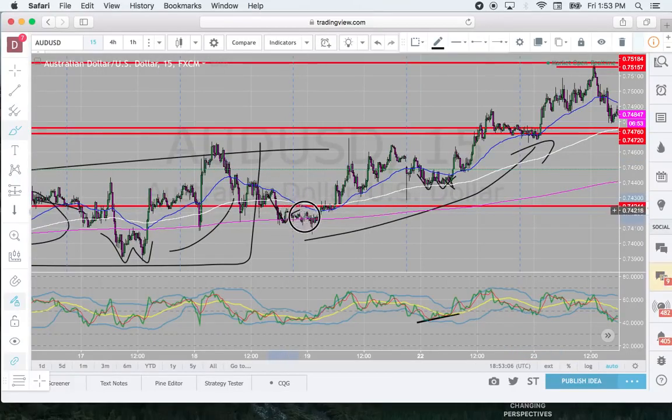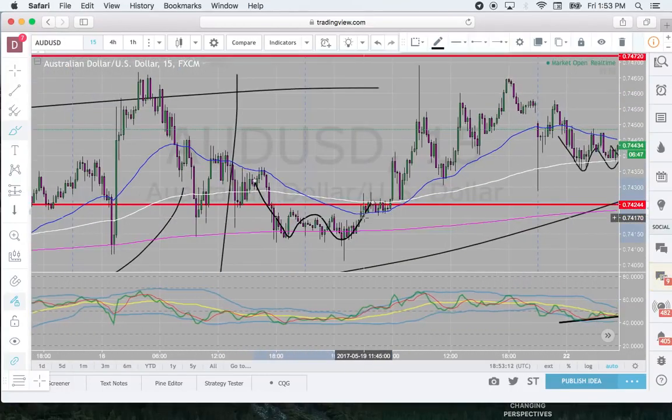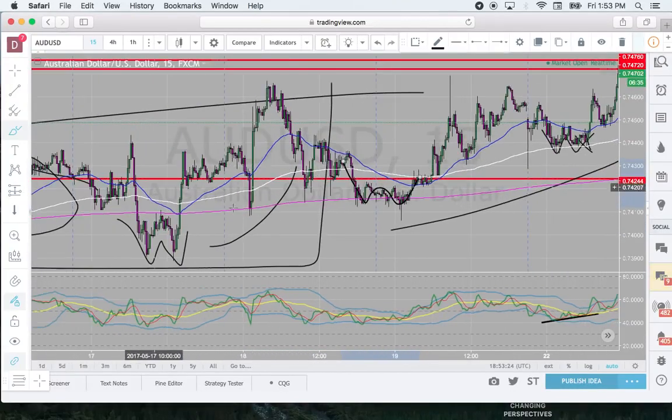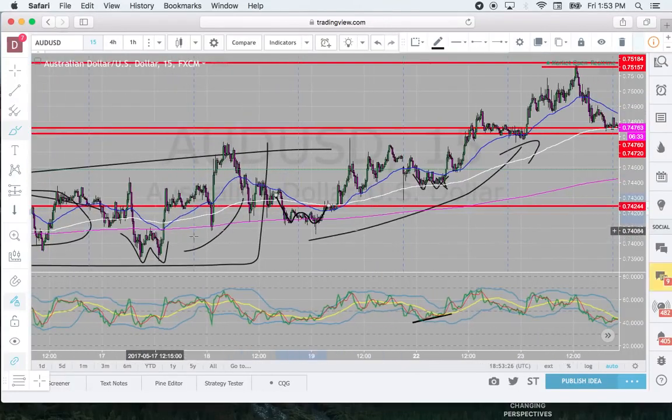They made that W formation off of all the EMAs, but price was below all the EMAs. That is the characteristic of a reset in the trend. So we can see they reset the trend not once but twice before shifting and moving up, resetting the uptrend.